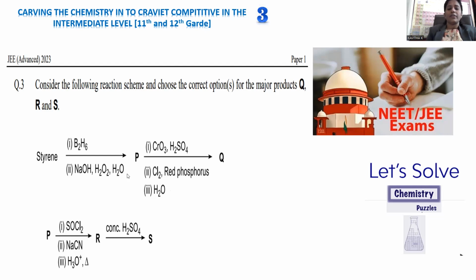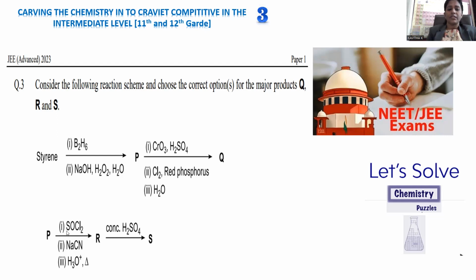We have to go with P again. We have to remember what steps we are following. Don't mess up with Q. So here P is taken as the starting material again, and thionyl chloride, the chlorinating agent, SOCl2 is provided, followed by sodium cyanide, which gives the CN minus nucleophilic reagent, followed by hydrolysis under acidic conditions.